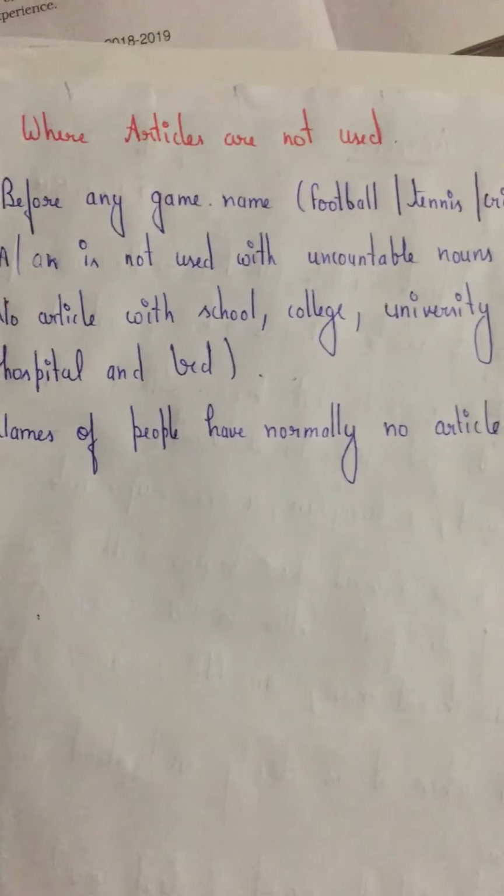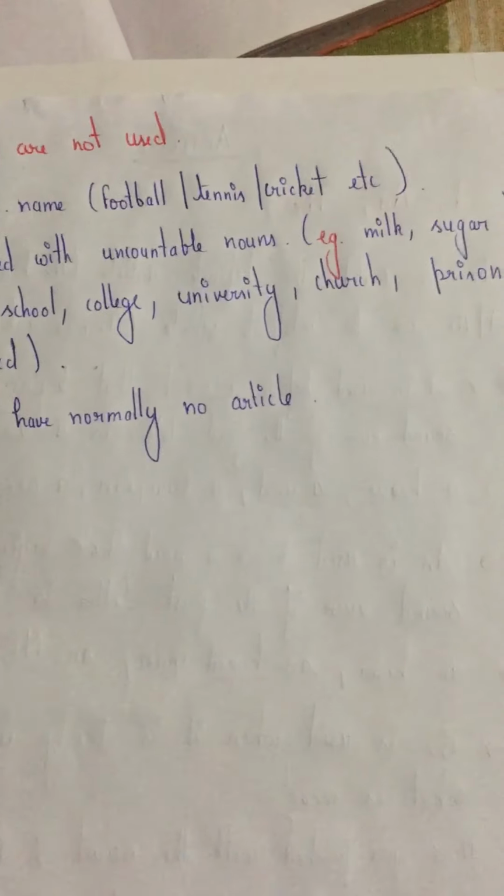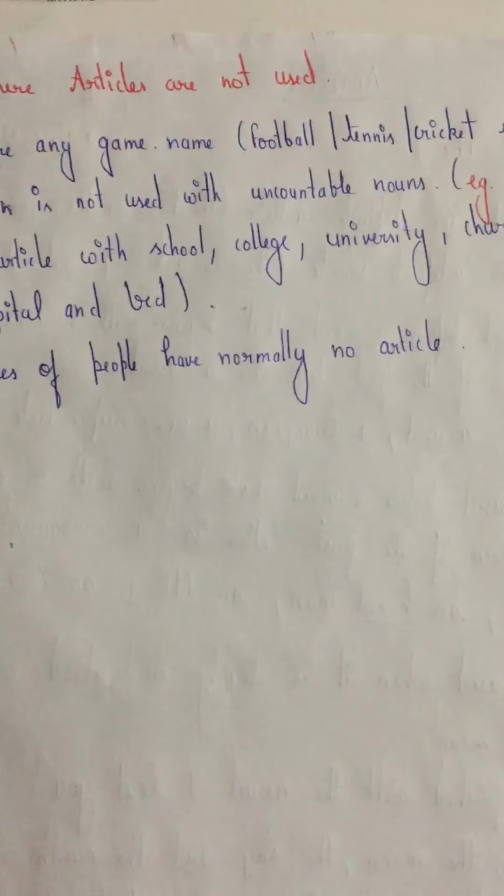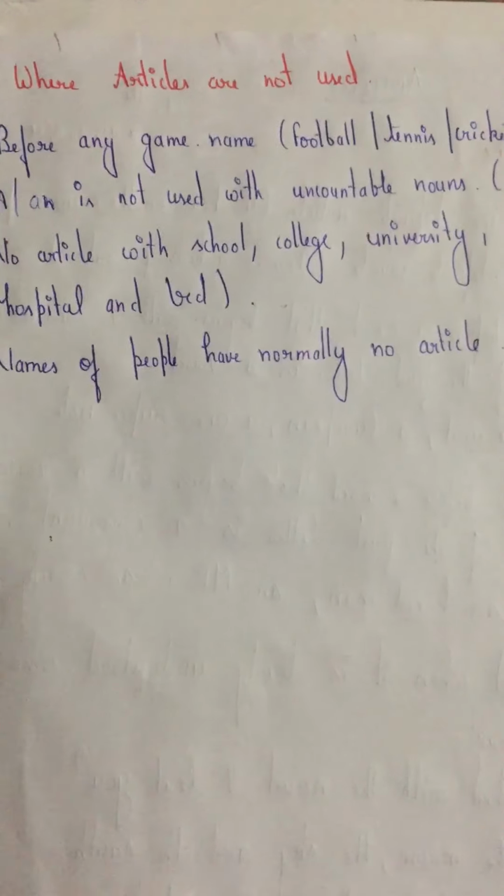Third, no article with school, college, university, church, prison, hospital and bed. So no article will be used with these. Fourth, names of people normally take no article. If any sentence is starting with any name, then no article is used before the name of any person.